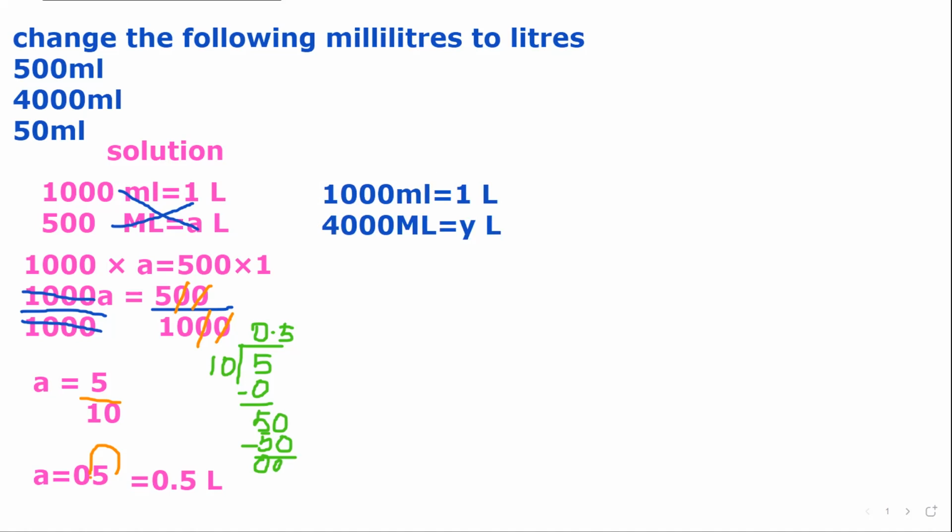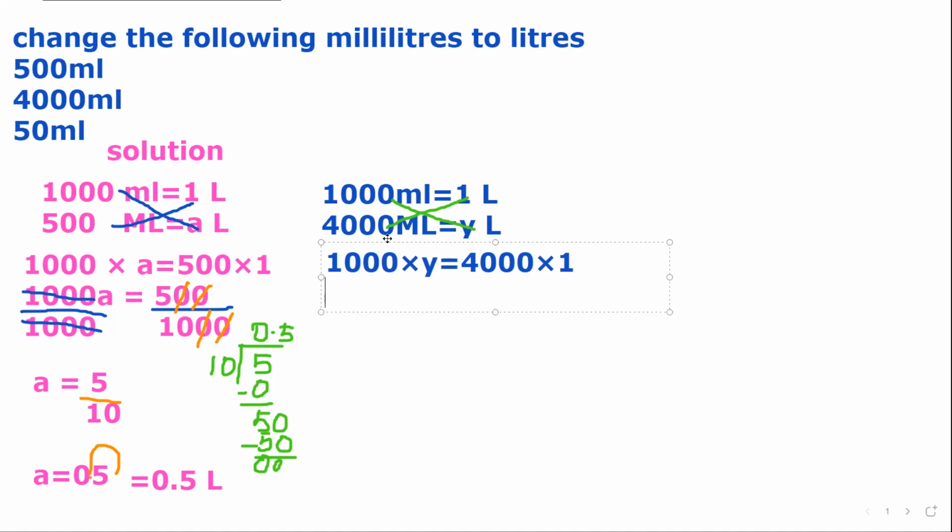Once you have done it in this form, then you do your cross multiplication. The coefficient here will multiply this, and the coefficient will also multiply that. Now you will get your linear equation in this form, which means the 1,000 multiplying y must be equal to the 4,000 multiplying the 1.